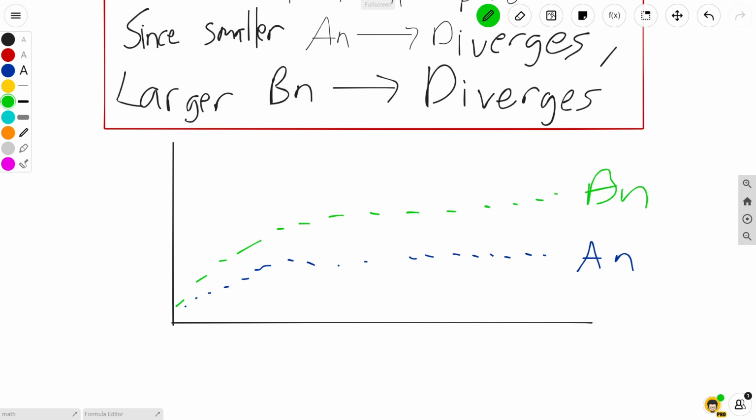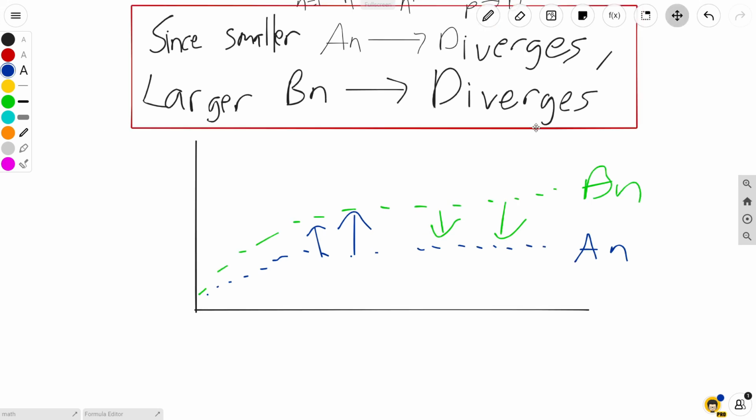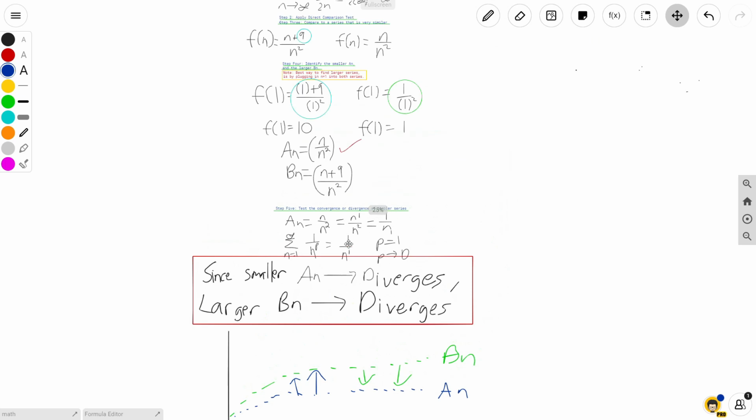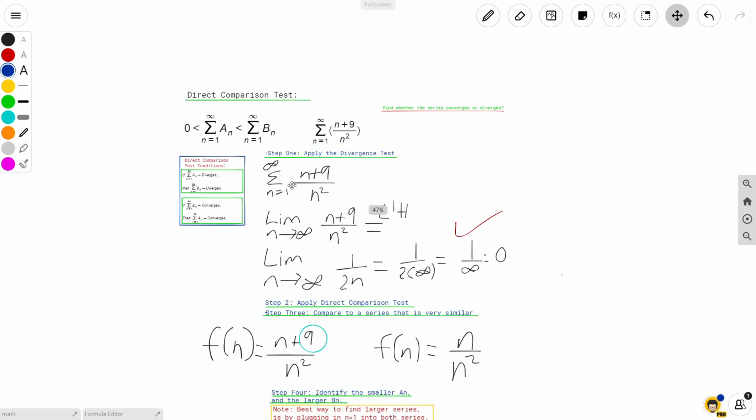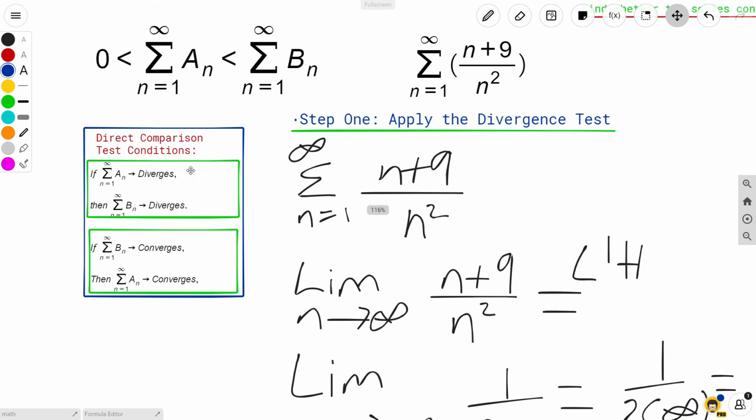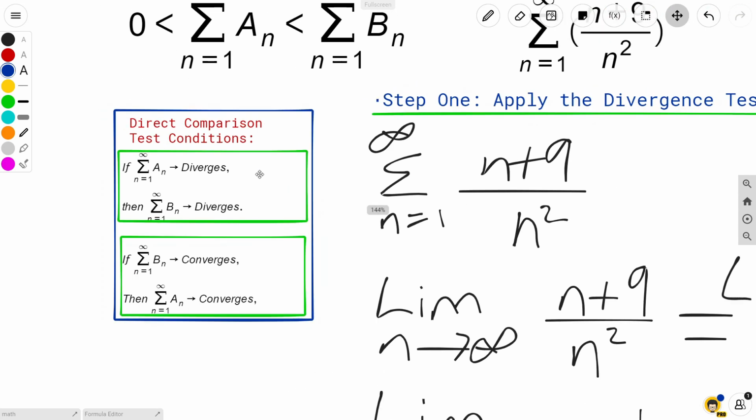Whenever the larger one converges, the smaller one converges, or vice versa. If the smaller one diverges, the larger one has to diverge. And how do I know this? I also could have known this just by knowing the conditions of convergence for p-series, which are right here. So notice how whenever the smaller A sub n diverges, the larger B sub n also diverges. And whenever the larger B sub n converges, the smaller A sub n converges.